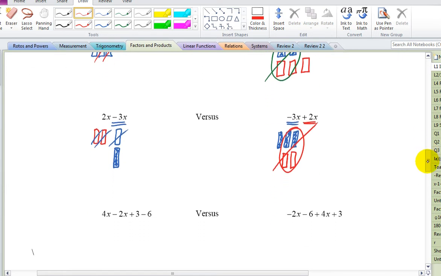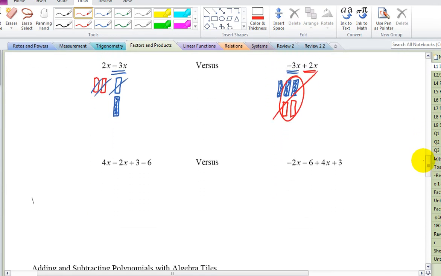So, next one. Try this. 4x minus 2x. So start by drawing 4x. And then minus 2x's, so that's easy. Then draw plus 3. And now you have to minus 6.